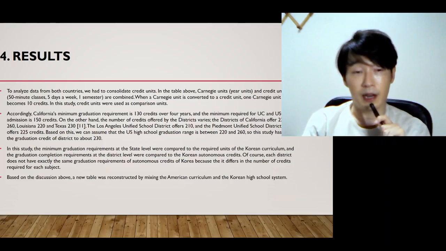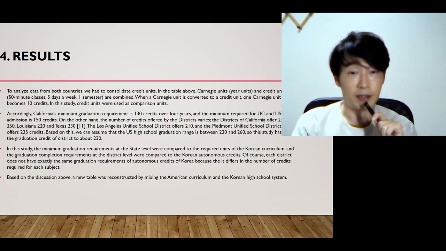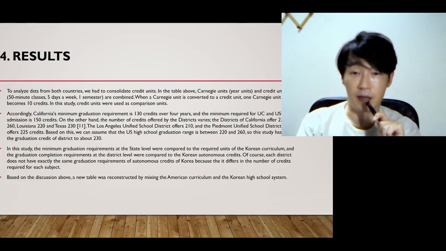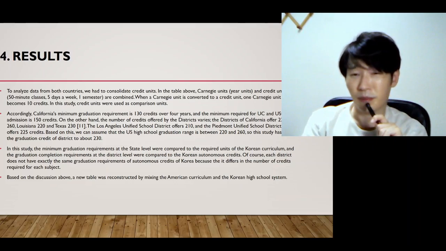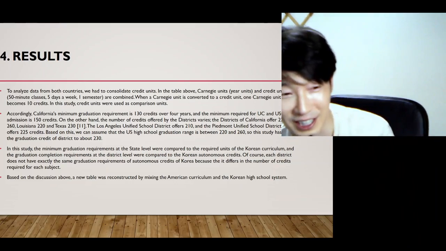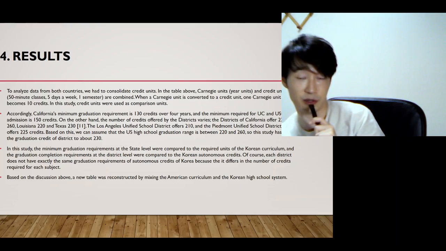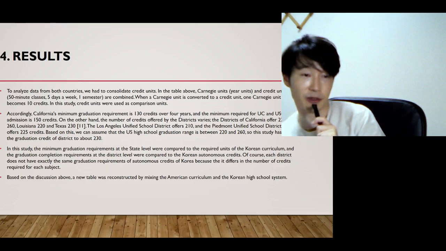As an example, I looked at the Los Angeles Unified School District, which offers 210, and Piedmont Unified School District, 225. Based on this, we can assume that U.S. districts range between 220 and 260. So this study has set the graduation credit at about 230.